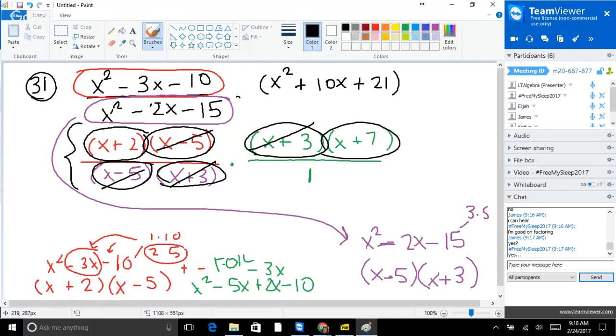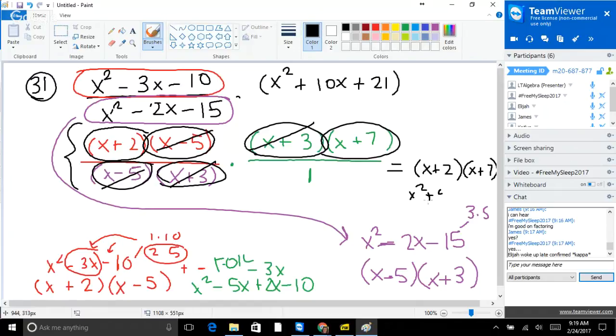So then all I'm left over with in this crazy mess is x plus 2 times x plus 7. And then we could go ahead and FOIL those if we wanted to write it like x squared plus 9x plus 14. So either form would be okay.